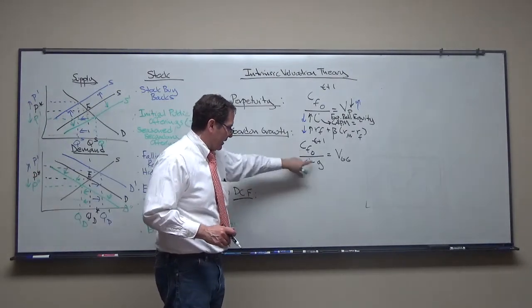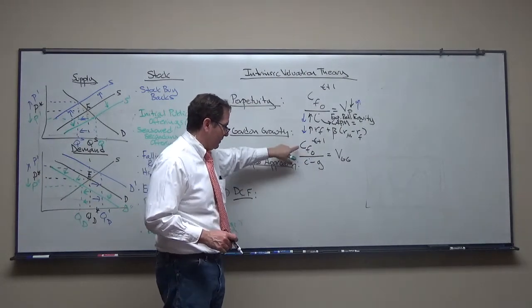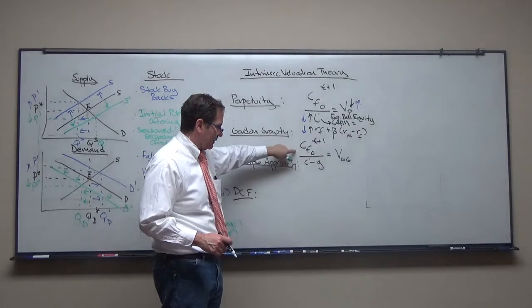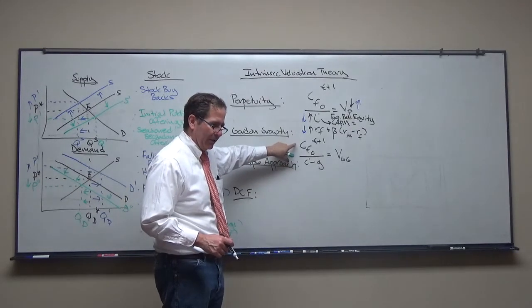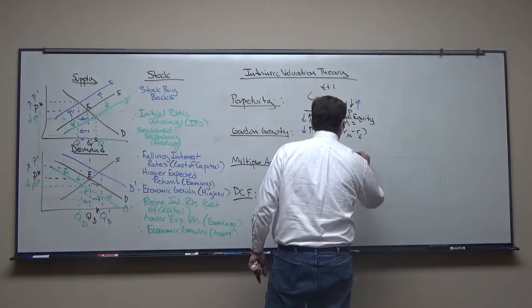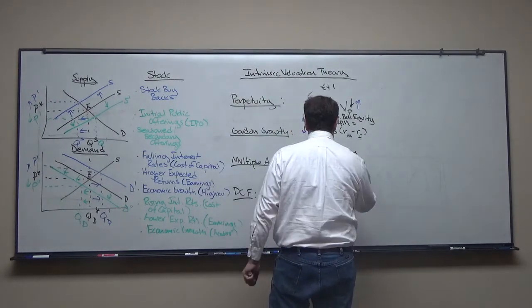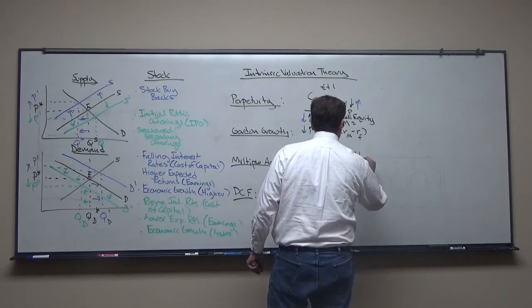So the next one is really growth expectations of the cash flows. The G is the expectation that these cash flows are going to grow at a constant rate. So if G goes up, values go up, and if G goes down, values go down.